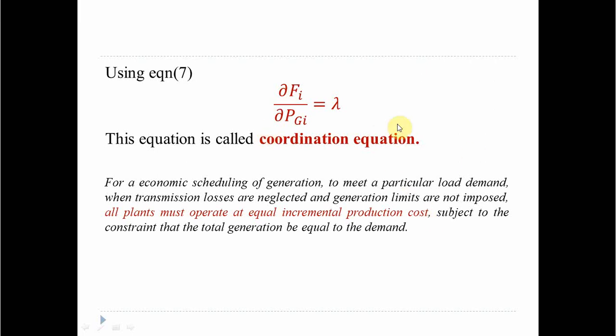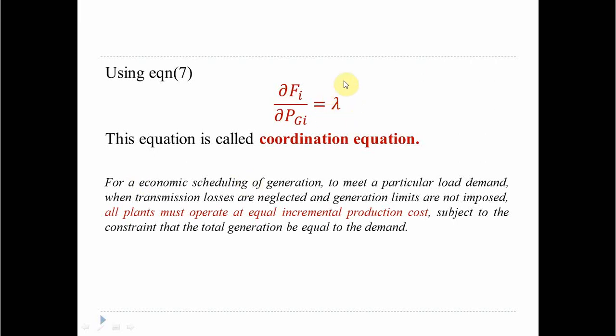So from the coordination equation we can write that for economic scheduling of generation, to meet a particular load demand PD, when the transmission losses are neglected and generator limits are not imposed, all the plants must operate at equal incremental production cost, subject to the constraint that total generation be equal to demand. So this is the necessary condition for economic scheduling of generation. This is very important when it comes to economic scheduling of generation.